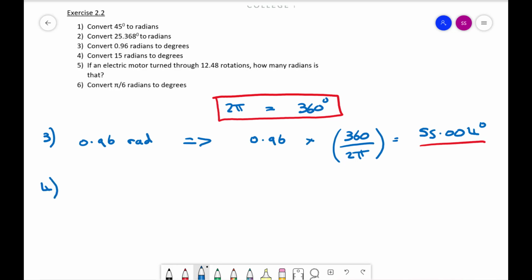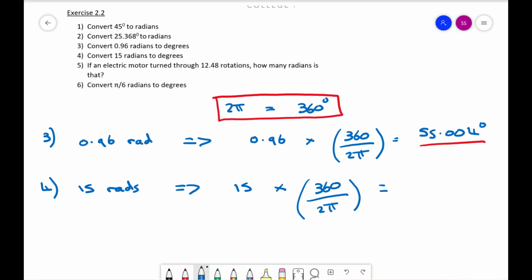Same idea for question 4. We've got 15 radians. So converting this one is going to be 15 multiplied by 360 over 2 pi. So 360 divided by, open bracket, 2 times pi, close bracket, equals.